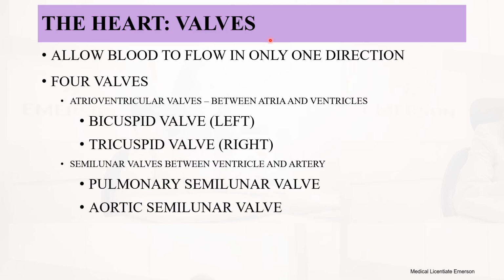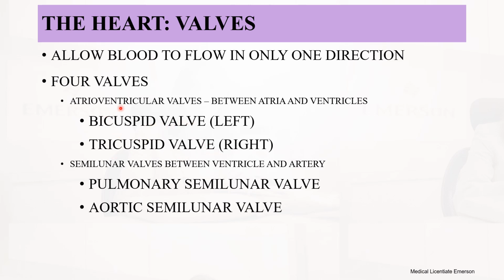Then heart valves, okay, they allow blood to flow in only one direction. And we also have four valves. Number one are the atrioventricular valves, which are found between the atria and the ventricles. And of course, on the left side there is the bicuspid valve, and on the right side there is the tricuspid valve.